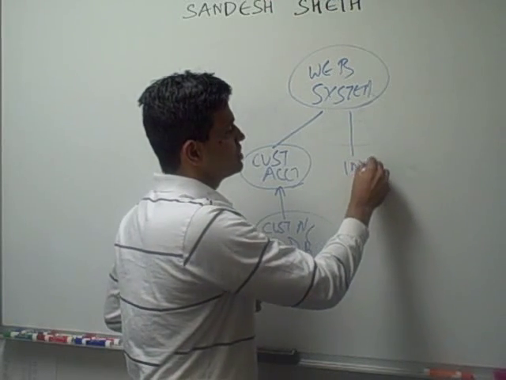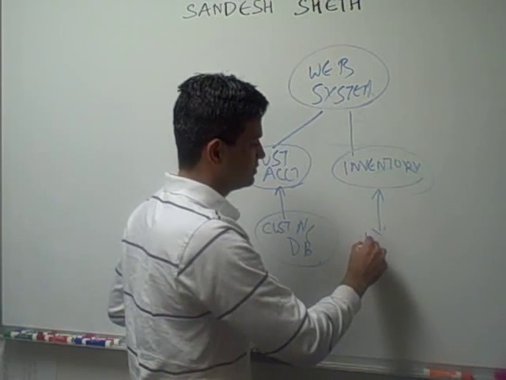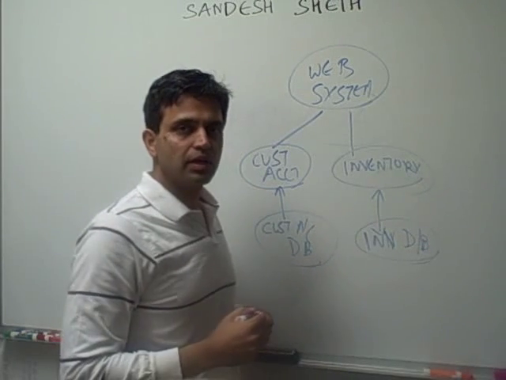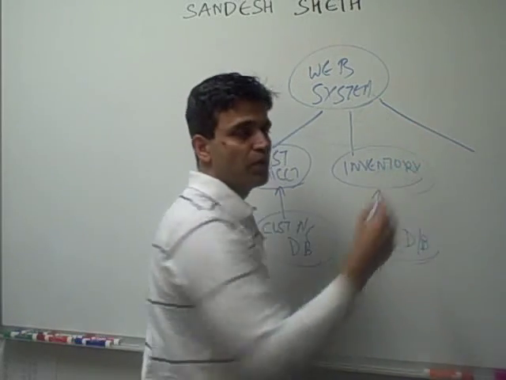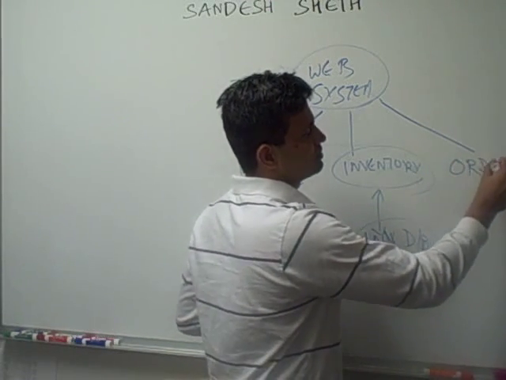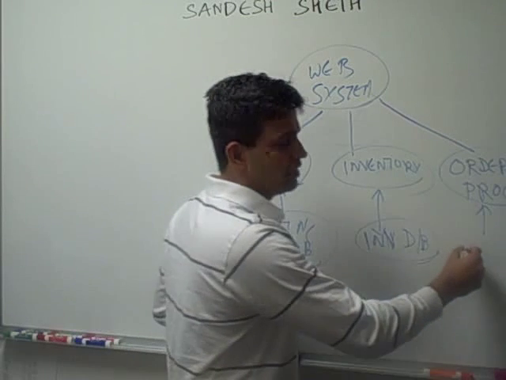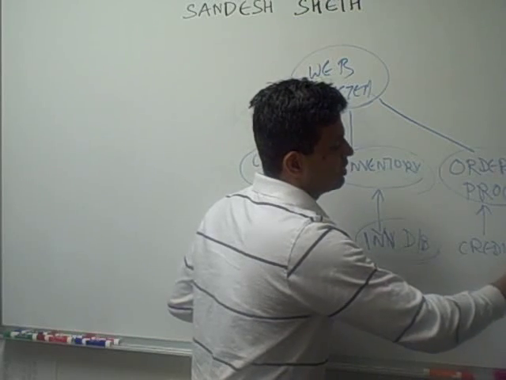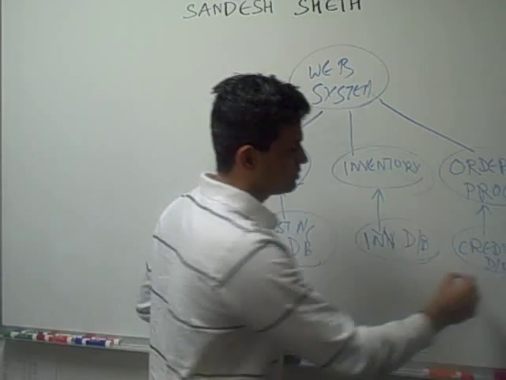So there is an inventory system and there would be a related inventory database. It said that one item is in stock, one isn't. She went ahead and entered her credit card details. So there is an order processing system. And this is fed through a credit card, a third party, generally, database or a linkage.